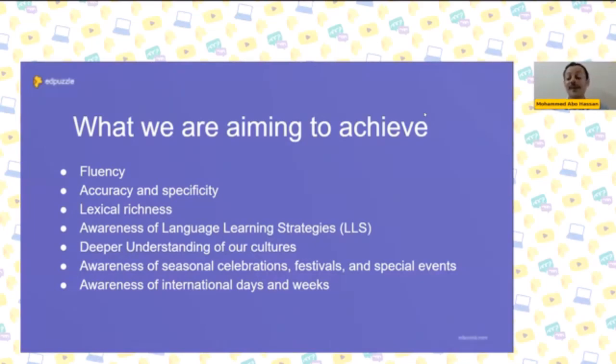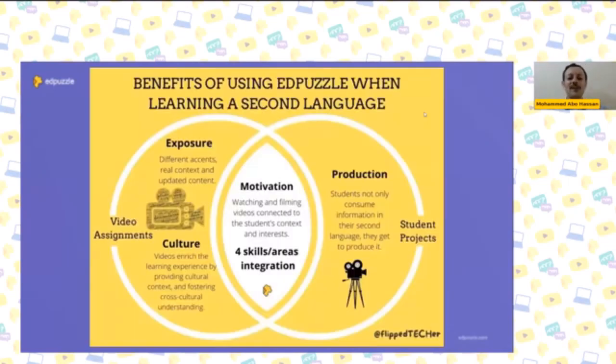We would love for them to learn some amazing and fun facts about other countries, especially English-speaking countries, to listen to native speakers. We would love for them to be aware of seasonal celebrations, festivals, special events, national and international days and weeks. And of course, this is the main benefit of this amazing Edpuzzle platform.